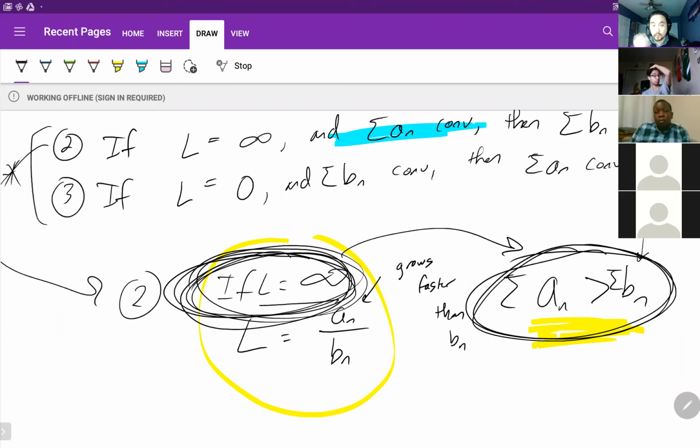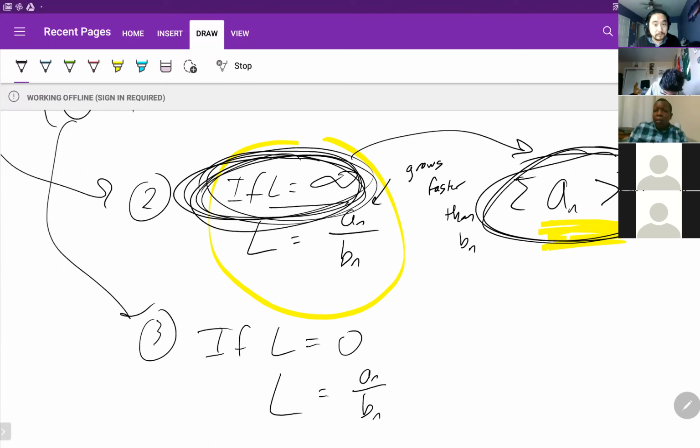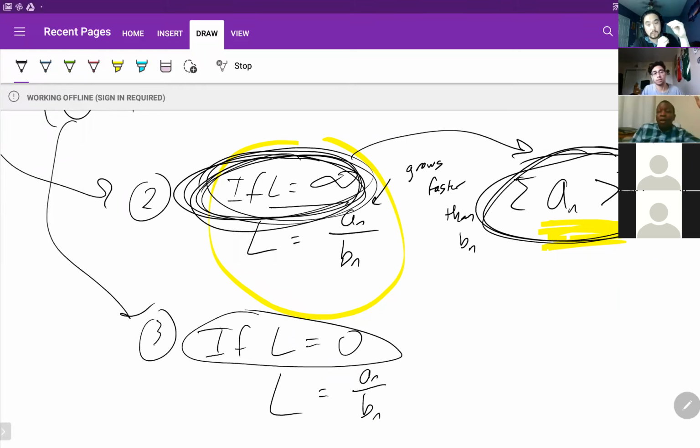Similarly for the third case, if L is 0, what can you tell me about the relationship between a sub n and b sub n? That means a sub n has to be 0. No. If L is equal to 0, it's telling us about the rates between a sub n and b sub n.